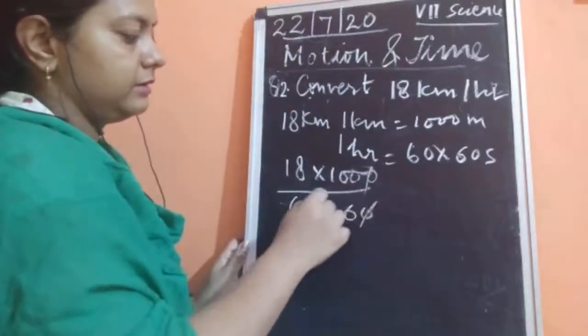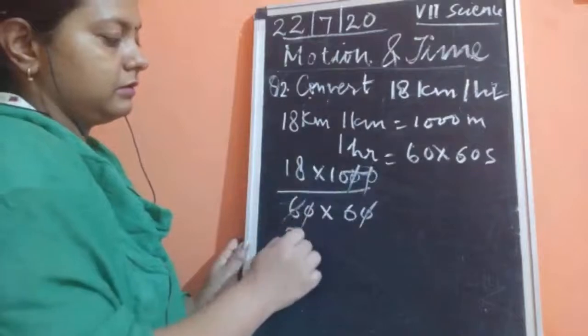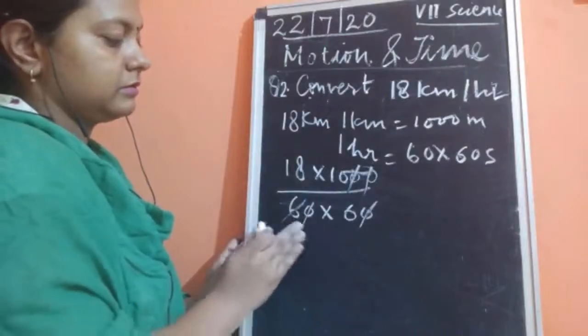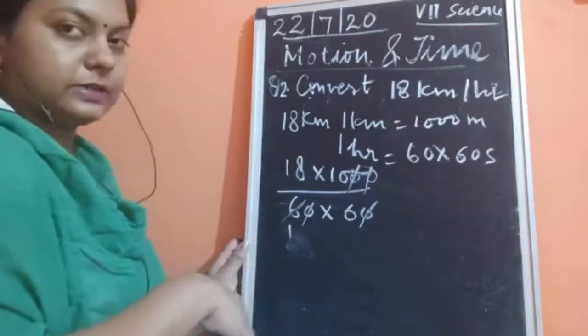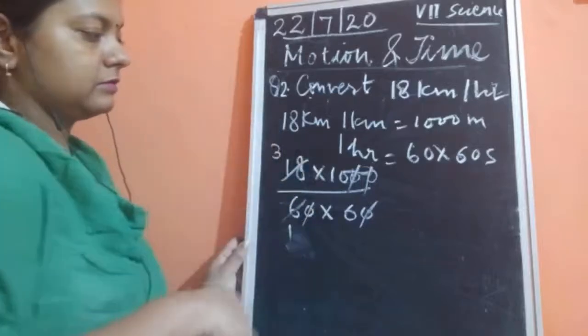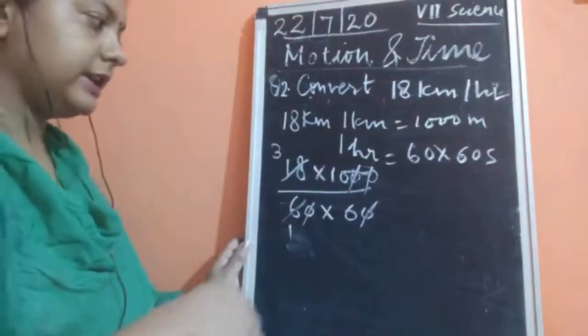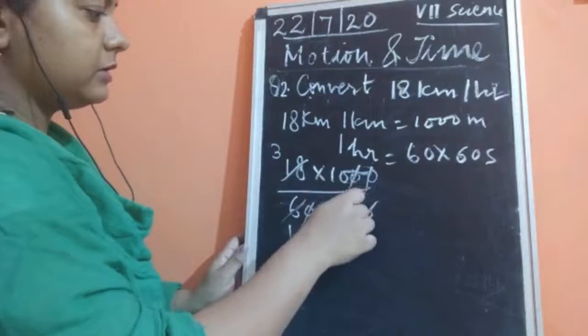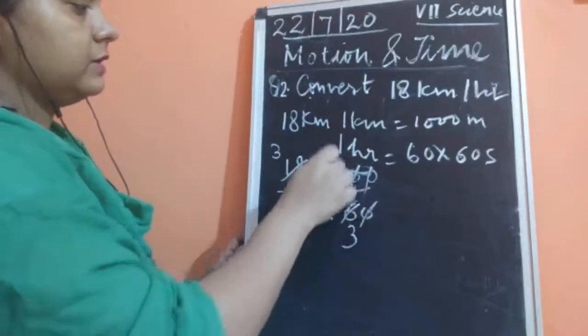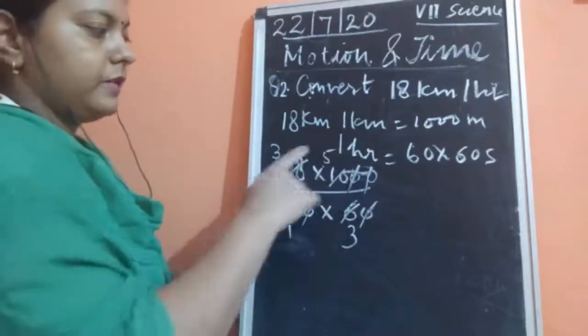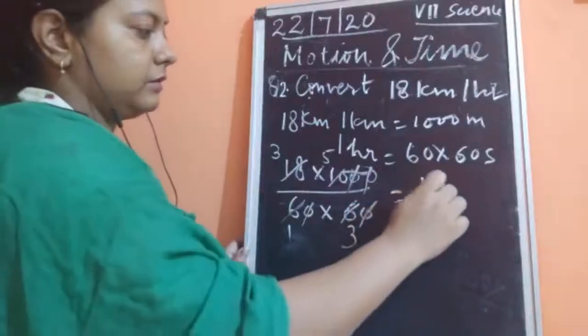You will get directly, you can cut 6 ones are 6, 18, 6 3s are 18. Then you could convert this also, 2 3s are 6, 2 5s are 10, 3 5s are 15 by 3.